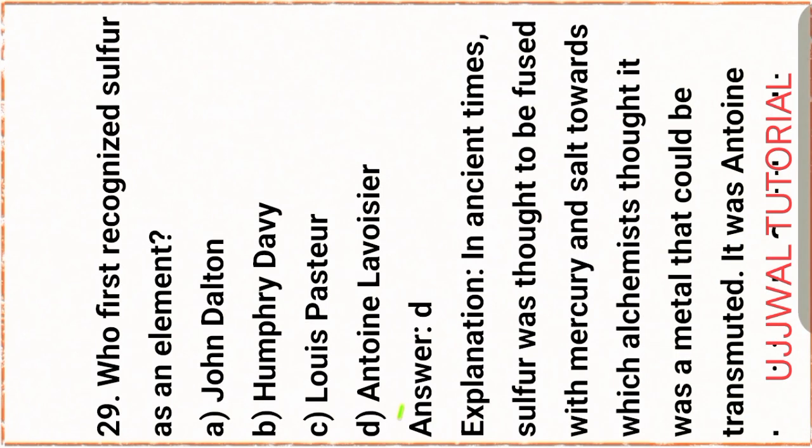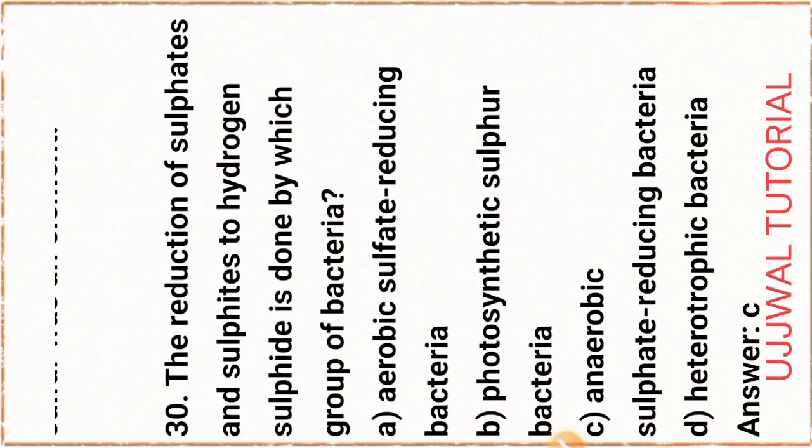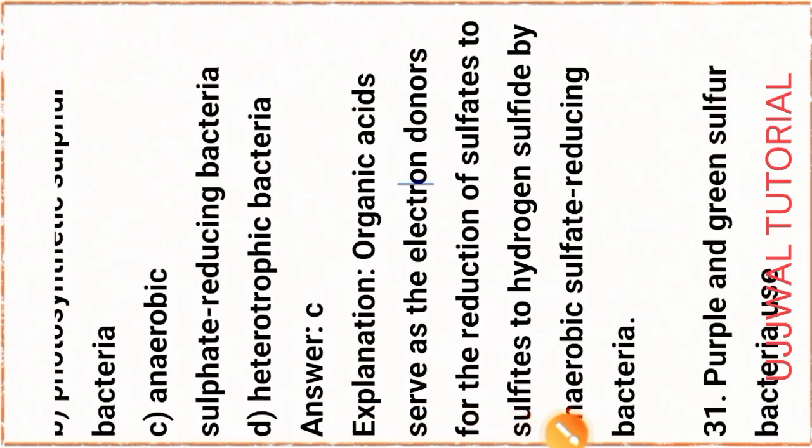Next question, question number 30. The reduction of sulfates and sulfide to hydrogen sulfide is done by which group of bacteria? Option C, anaerobic sulfate reducing bacteria.